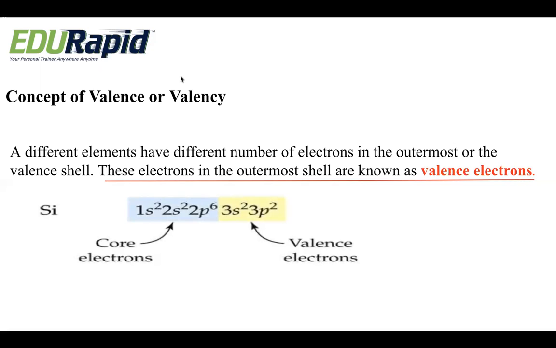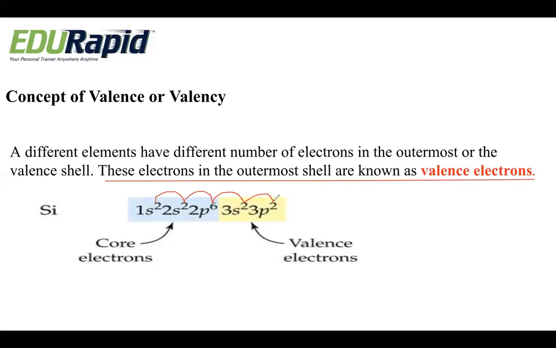Silicon, right? You can see here it has atomic number 14. When we write its electronic configuration, it is 1s2, 2s2, 2p6, 3s2 and 3p2.